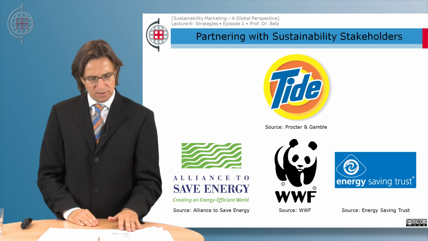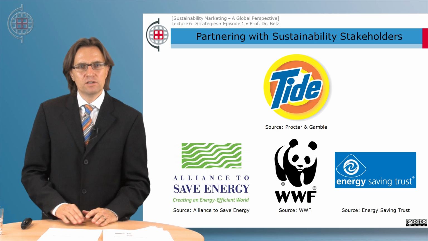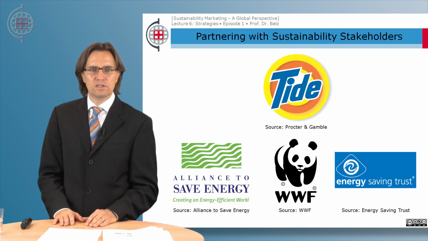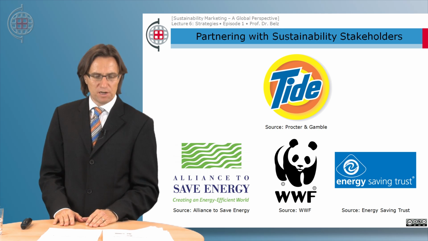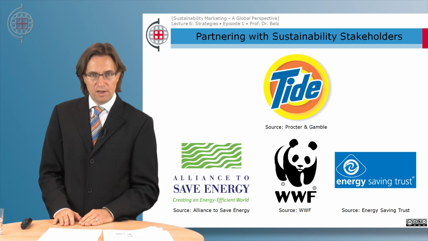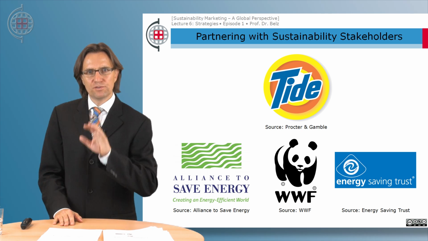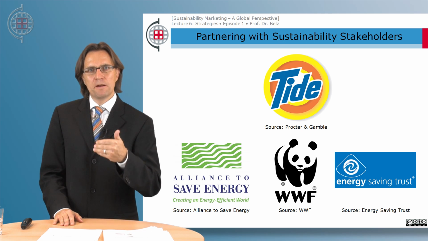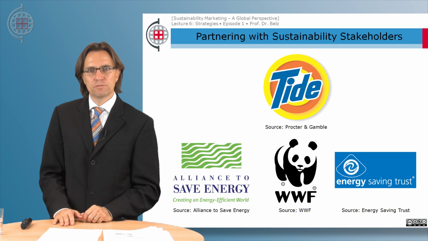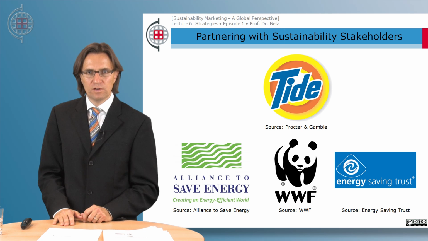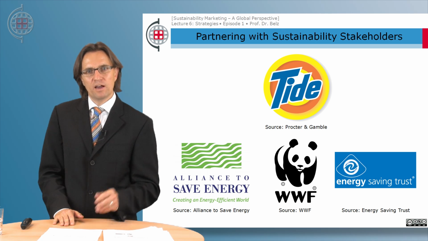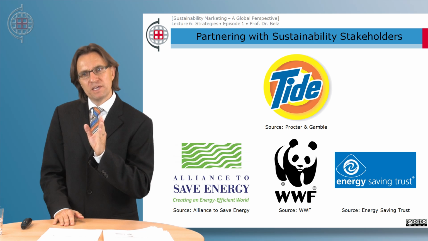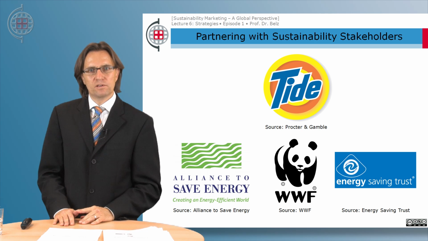They decided to collaborate with the Alliance to Save Energy in the United States, with the WWF in France, and with the Energy Saving Trust in Great Britain to introduce Tide Cold Water and get credibility and make consumers change their washing behavior. And slowly and surely they managed to do so, and the brand succeeded, as the behavior of consumers changed.